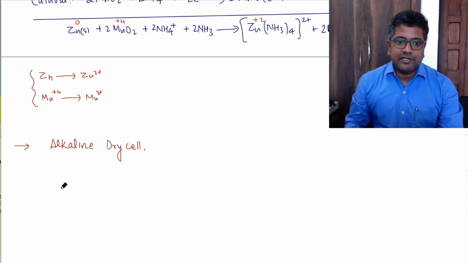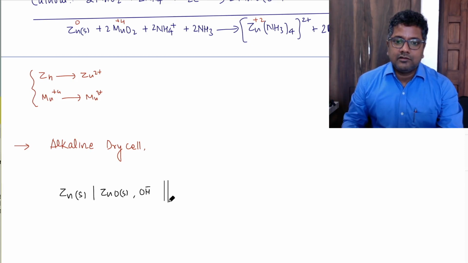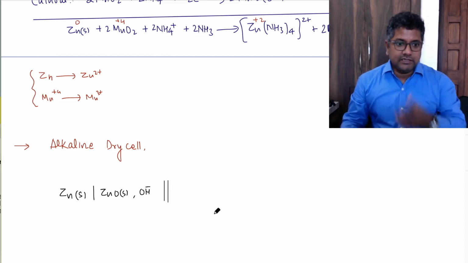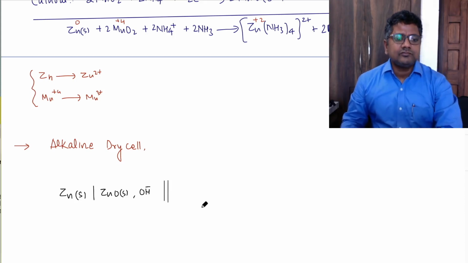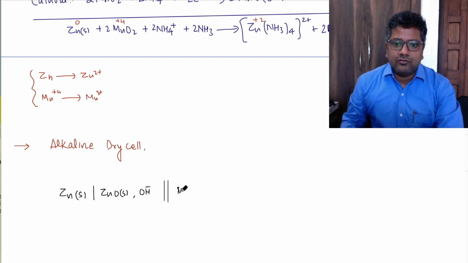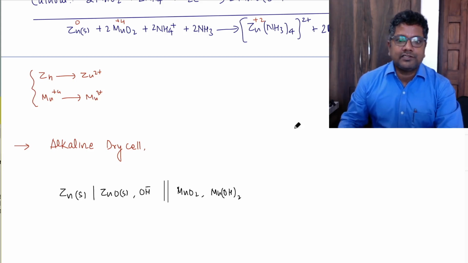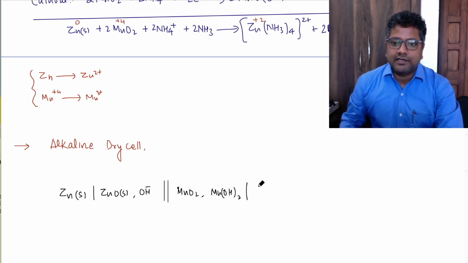So what is the representation of this? See, the representation is zinc solid, ZnO solid, OH minus. See, this is the alkali. And here on the cathode side, we are using MnO2, and here we are getting Mn(OH)2 whole twice. Instead of getting MnOOH, we are getting Mn(OH)2, and here carbon graphite, right?